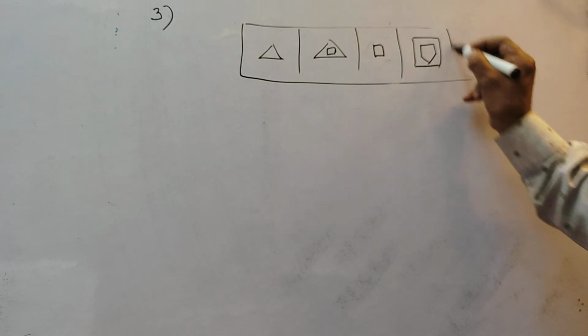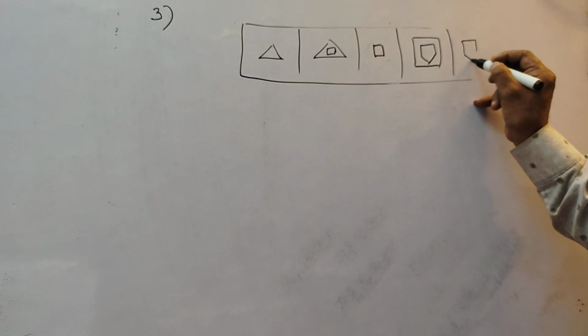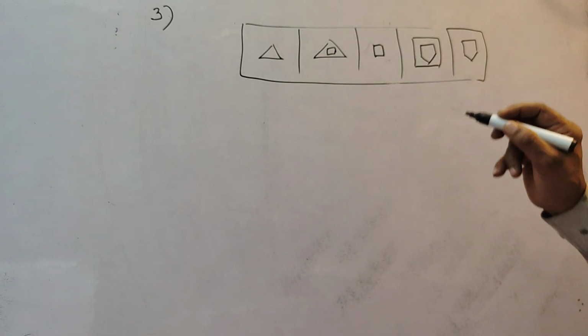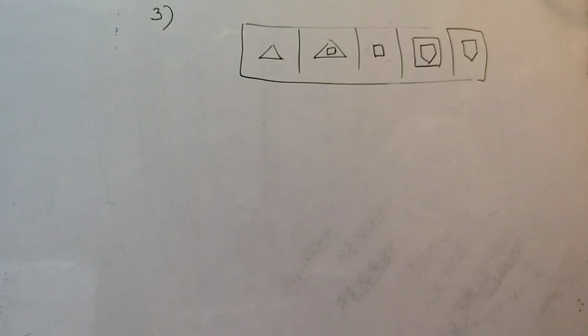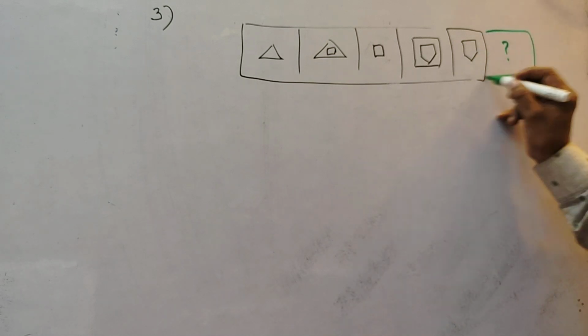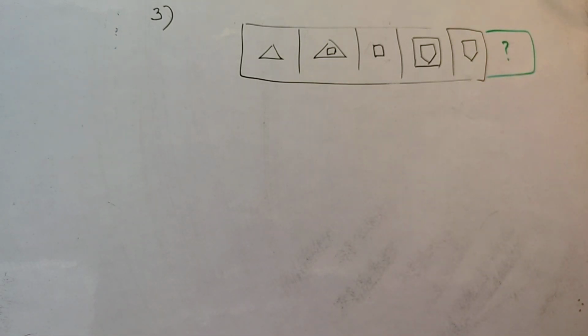And sixth one is pentagon. So select a figure from the option which will continue the same series as established by the problem figure. I chose, what comes next? I think I chose D.